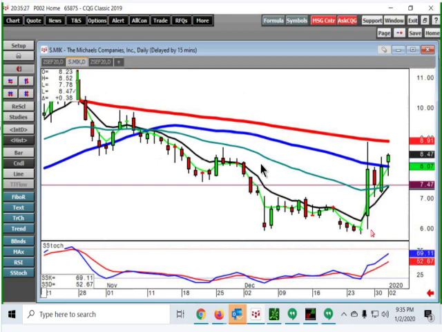That's just another confirmation. It's not a reason to go after it. It's just confirming the fact that there's probably been an exchange of a lot of new ownership in the stock.